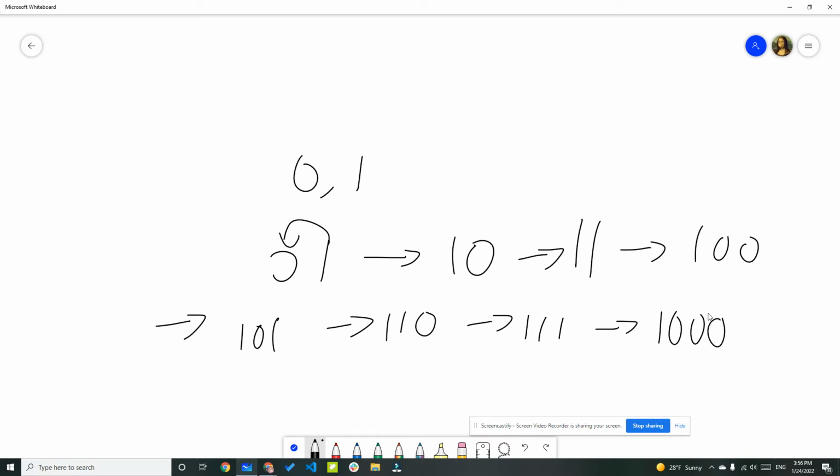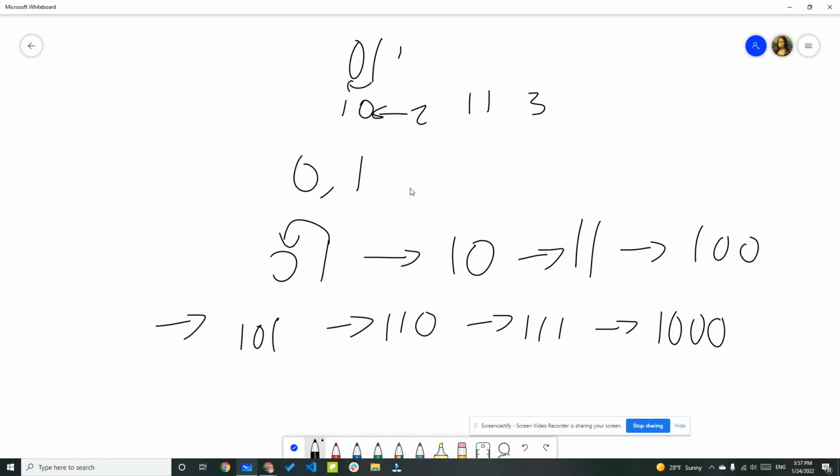So if you see, it goes 0, 1, and then 10. When it goes up by 1, it just swaps those, and when you add a 1, you just add 1 here. So that's 11 for 3, which is 1, 2, 3.